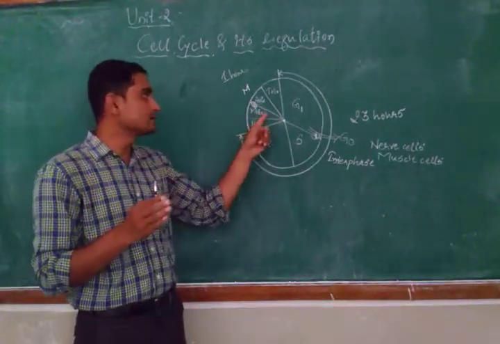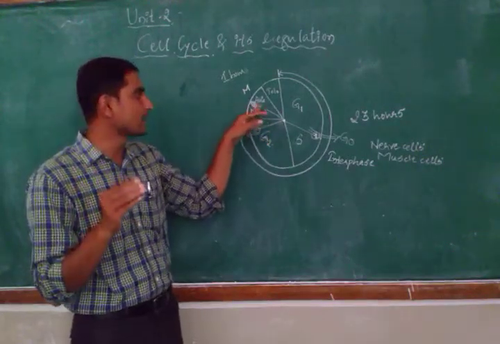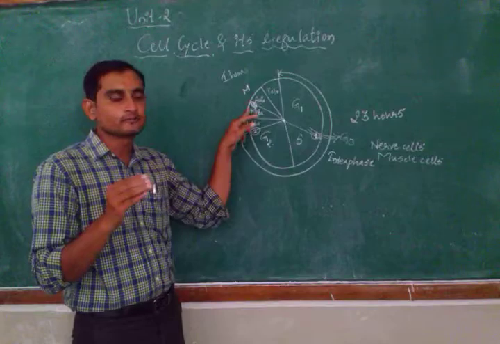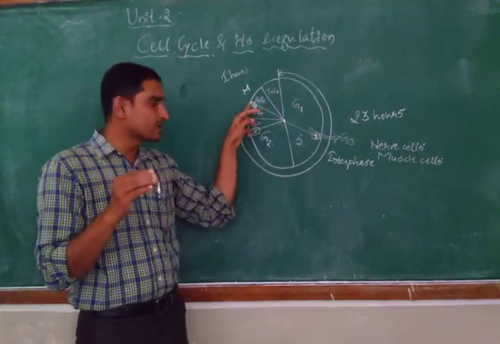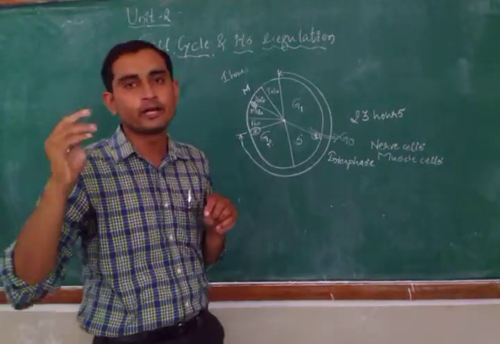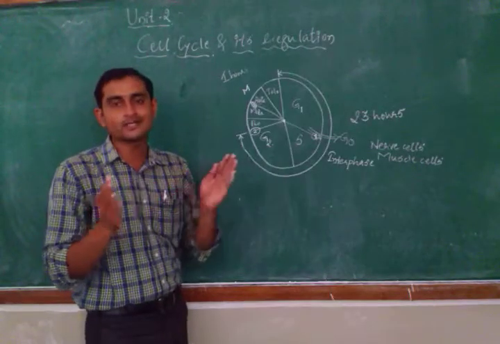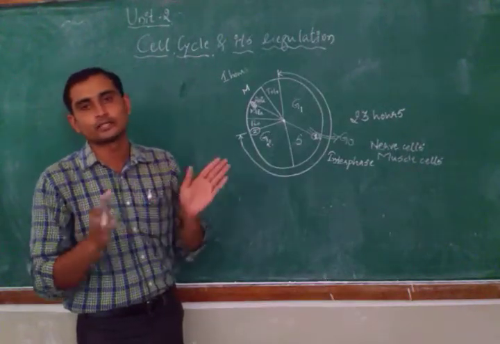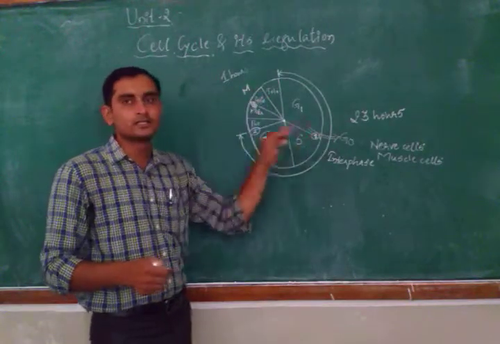Hence, it is necessary to pause the cell cycle in this phase, metaphase to anaphase entry. The checkpoint will check whether spindle fibers are attached to the kinetochore or not. If they are attached, the cell will be allowed to enter into the anaphase for proper segregation of chromosomes, otherwise it won't. So first, second and third.